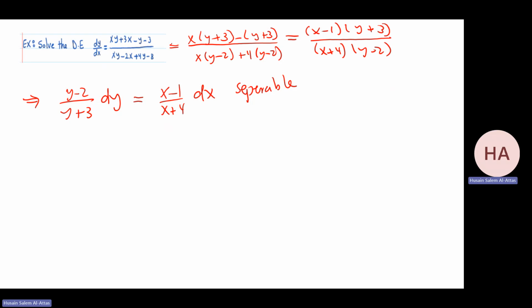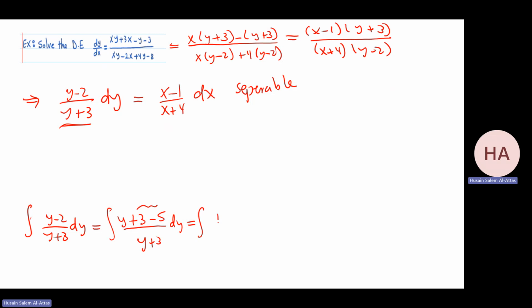Now the thing is how to integrate these things. So let me do it here, then I'll put the solution. y minus 2 over y plus 3 dy. You can do it by long division since the degrees are the same, or you can do this trick, which is write this one as y plus 3 minus 5, which is minus 2 here, dy.